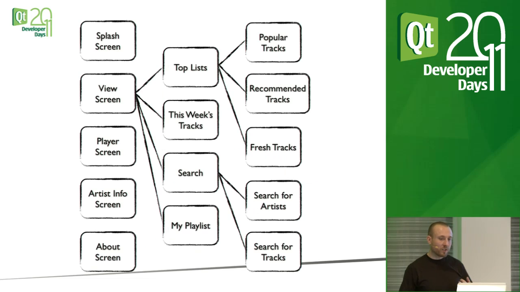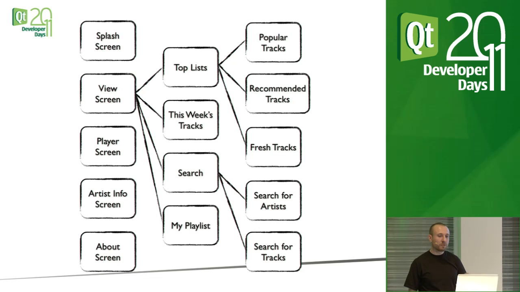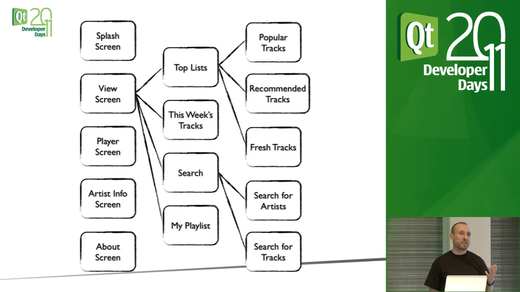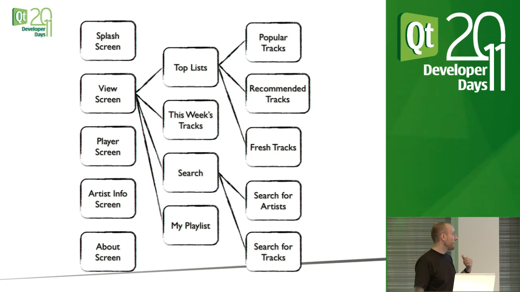And then you turn this into a hierarchy of states. You think through the various screens and other UI levels that you want, and you turn this into a hierarchy of states.